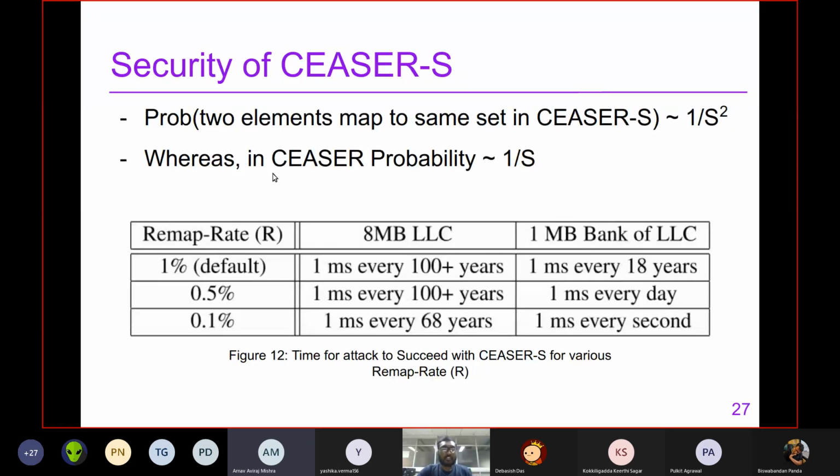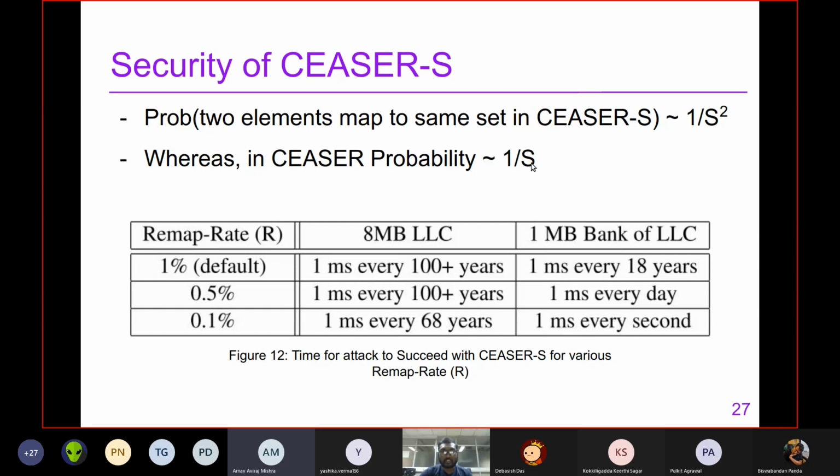And for security, from the probability perspective, the probability that two elements map to the same set in skewed Caesar will be proportional to 1 by S square, because it has to map to the same set on both these sides. There are S sets on both sides, so 1 by S is the probability that it will map to the same location on one side, and 1 by S square on both these sides.